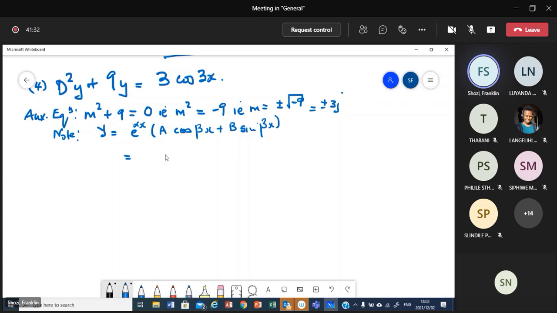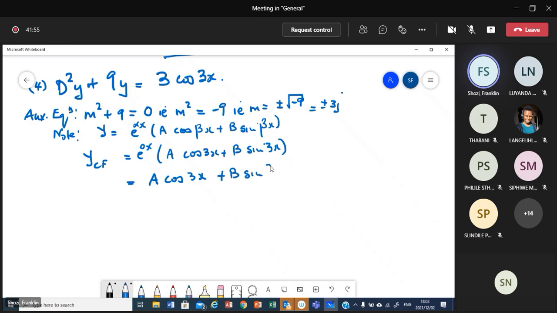Now my alpha here is 0, so it's e to the power 0x, A cos 3x plus B sine 3x, which in actual fact gives us the YCF, which can be written as just A cos 3x plus B sine 3x. That's my YCF. In most cases, you'll get that 3 marks.